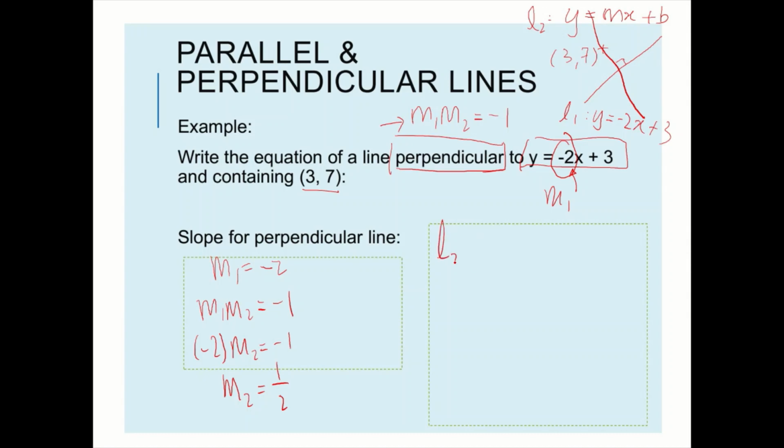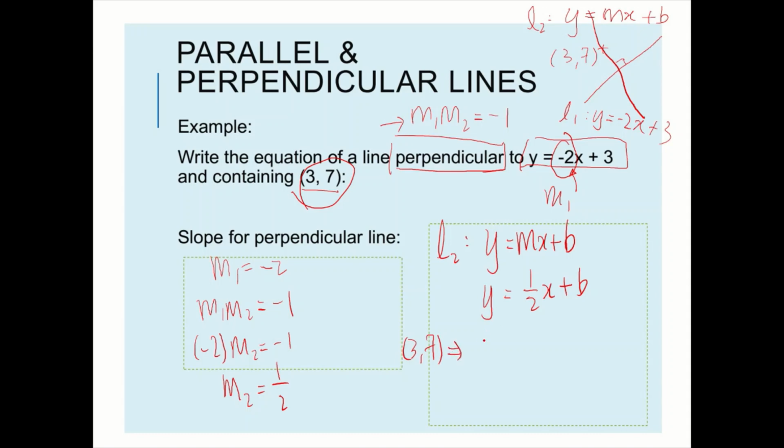Now we shall consider line 2. For line 2, the equation will be y equals mx plus b because it is a straight line, and the m we already found is 1 over 2. Now we are going to look for the b, the y-intercept. How do we look for b? We are going to use the point 3, 7.